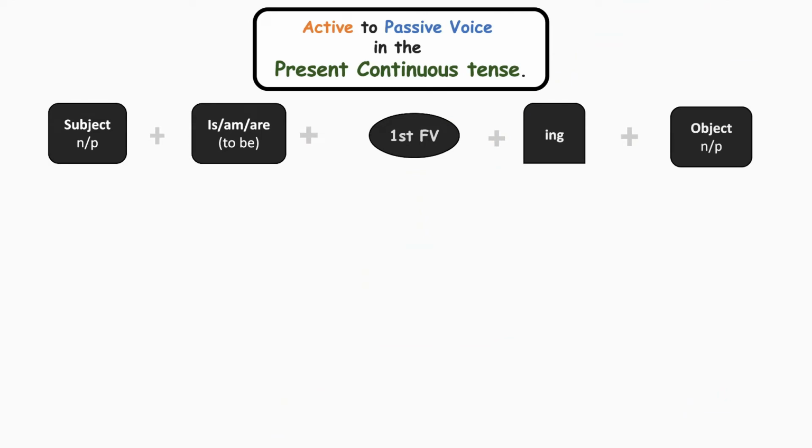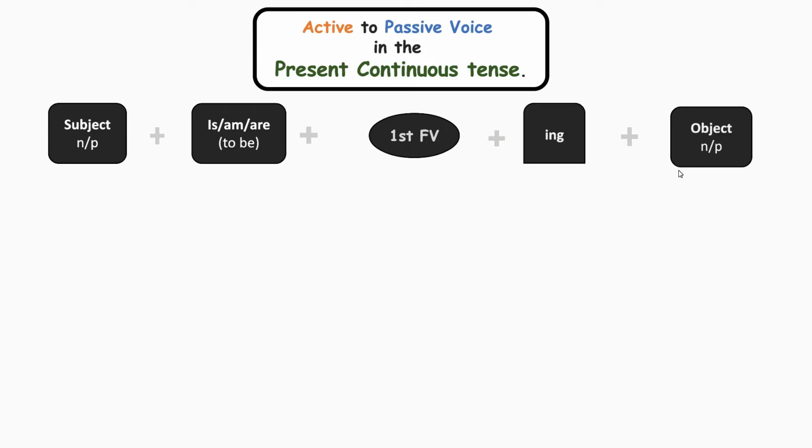Active to passive voice in the present continuous tense. The structural formula is there in the boxes. Present continuous tense: subject plus is, am, are plus first form of the verb plus ing plus the object.